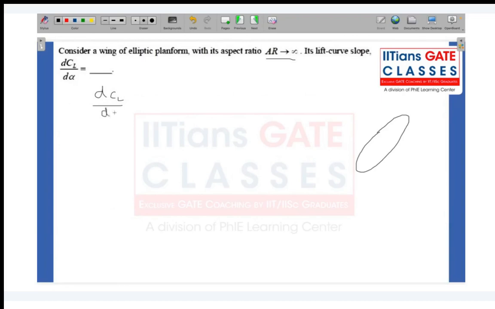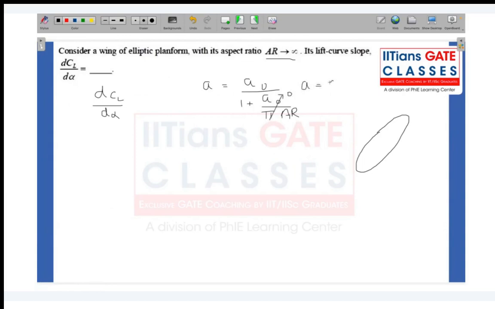We know that the lift curve slope of a wing is related to the lift curve slope of an airfoil as a0 divided by 1 plus a0 divided by pi AR, for an elliptical planform scenario. And if my AR is infinite, this term basically goes to zero, so a equals a0.